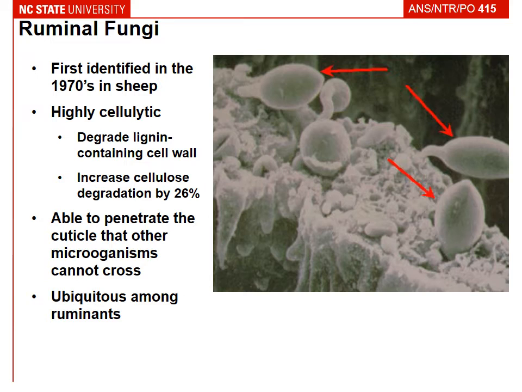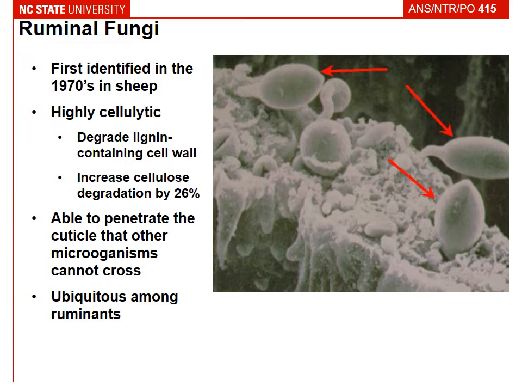But because we have a lot of cellulose that is intertwined within these lignin molecules, having a lot of lignin decreases the cellulose availability to the microbes. So utilizing these fungi that can break down this lignin, you actually end up increasing the degradation of cellulose by 26%. That's 26% more efficient, more energy that the animal is able to utilize.